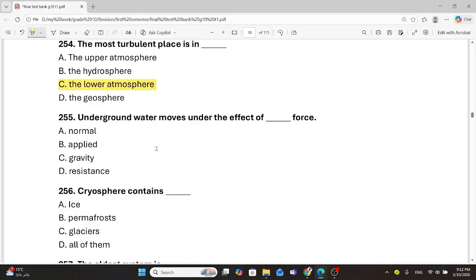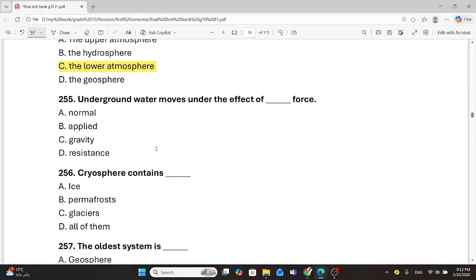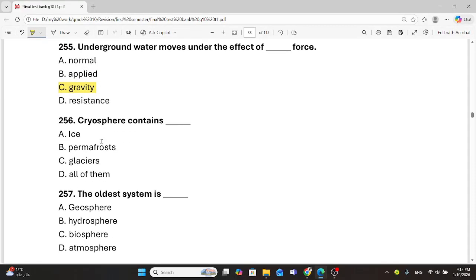Underground water moves under the effect of normal force, applied force, gravity, or resistant force? Of course, gravity force. The cryosphere contains ice, permafrost, glaciers, or all of them? All of them.